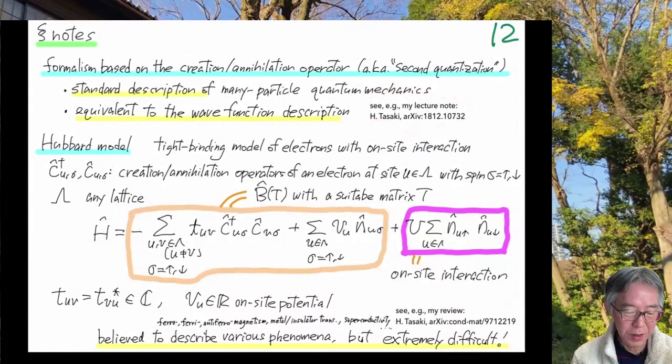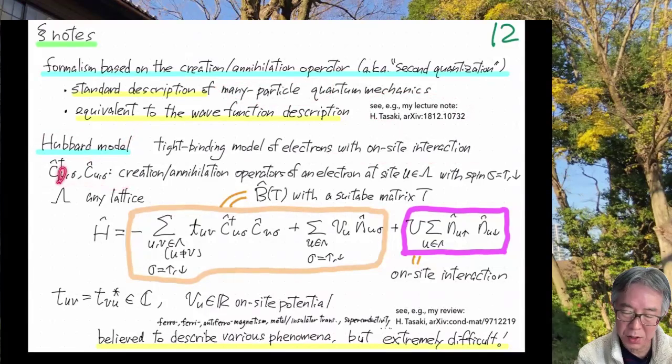And finally, this description can be used to describe many different models. One of them is called the Hubbard model, and I think you have heard of this name. The Hubbard model is a tight binding model of electrons with on-site interaction. And in this case, the electron carries spin. So the creation annihilation operators are written like this.